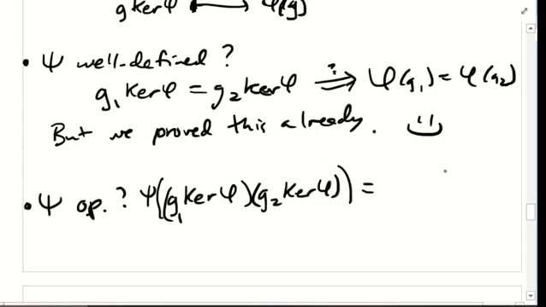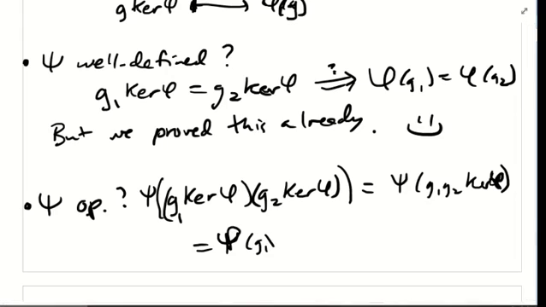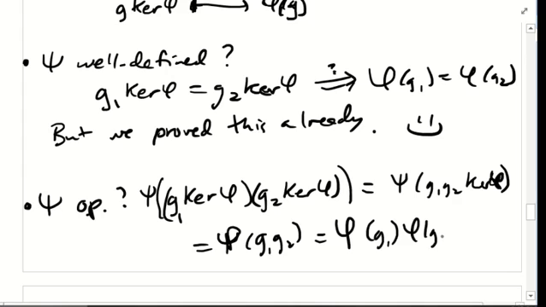Well, just by coset multiplication, that is the definition of coset multiplication, right? And that will map to phi of g1 g2, but phi of g1 g2 is operation preserving, right? Because it's a homomorphism, so we get what we needed to show. This and this go to that times that. Yep.